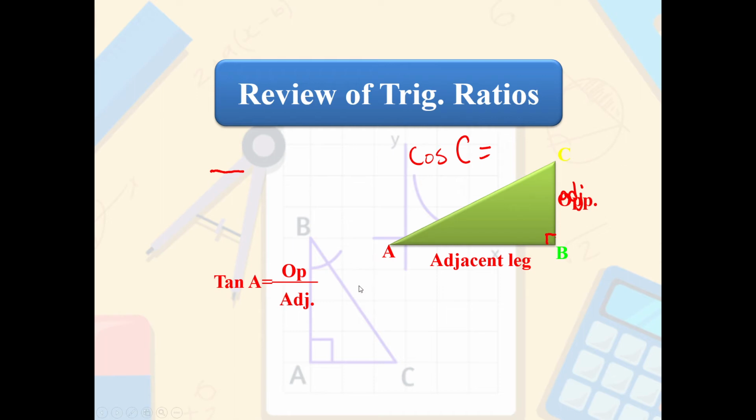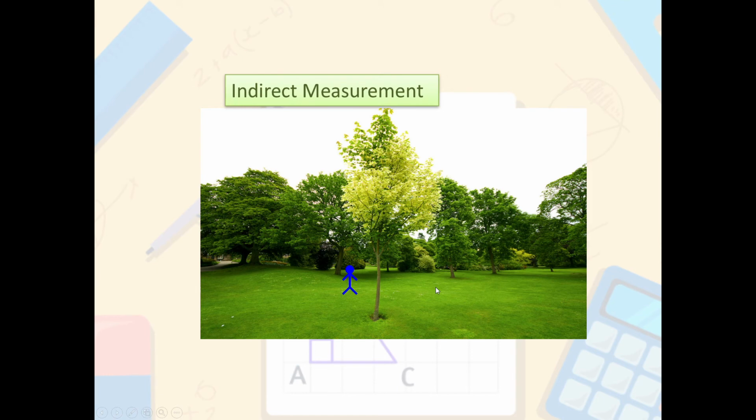Now I'm going to give you one example so you know how you apply this in real life. Okay, where the theory behind this trigonometry concept is this. Now, let's say it's a sunny day. We call this indirect measurement. If you are in a park, this is you, okay?